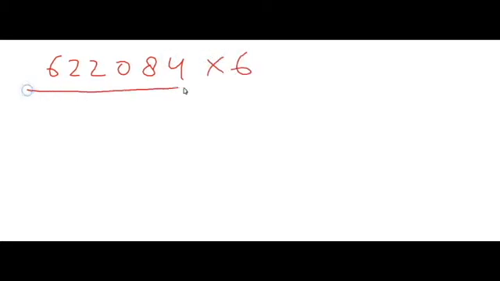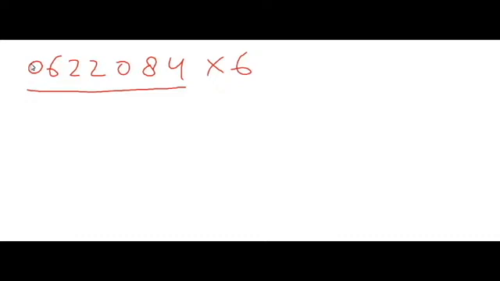Okay, let's say we are multiplying 2084 by 6. Now the rule here is, as I told you, in your mind just imagine that there is 0 here, or just write it down, doesn't matter.